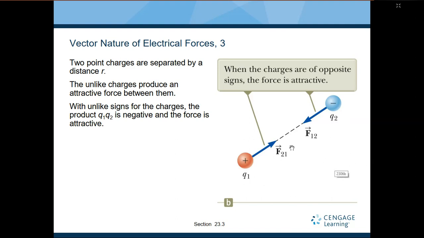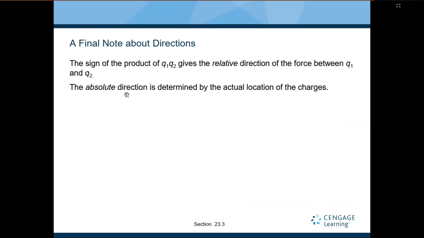So when these two point charges are separated by some distance r and they are opposite in sign, the tendency of the electric forces would be attractive. The sign of the product of Q1 and Q2 gives the relative direction of the force between Q1 and Q2.